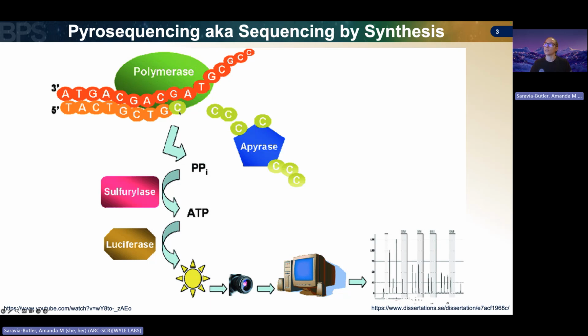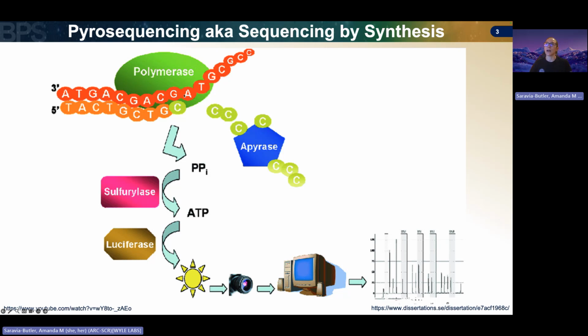So if the next base that we're sequencing is complementary to the known deoxynucleotide triphosphate that we added, in this case cytosine, it will be incorporated into this growing strand, and it'll give off a light signal through this reaction that we'll be able to take a picture of.